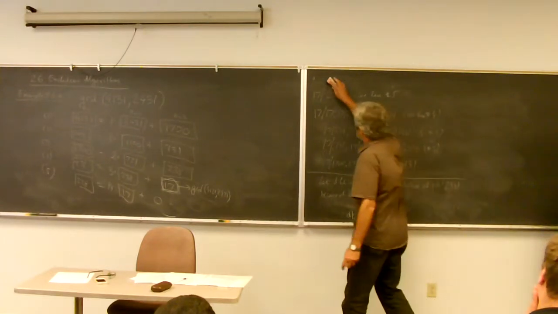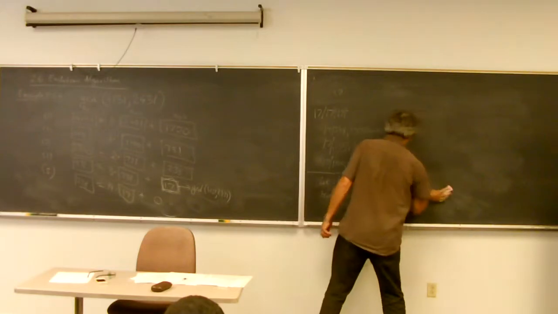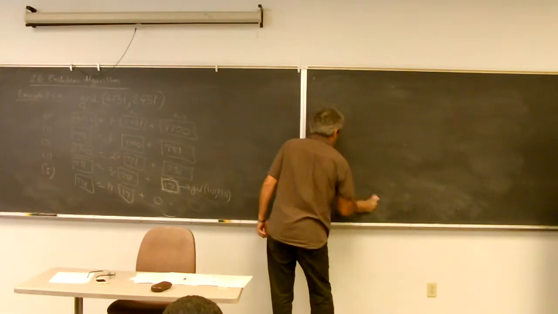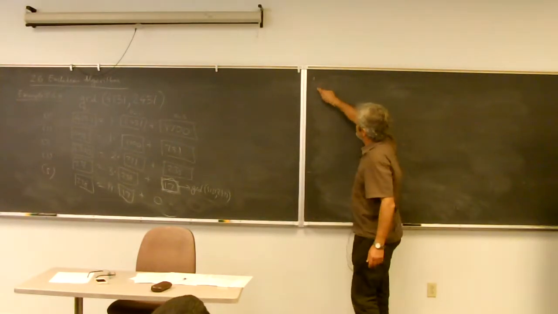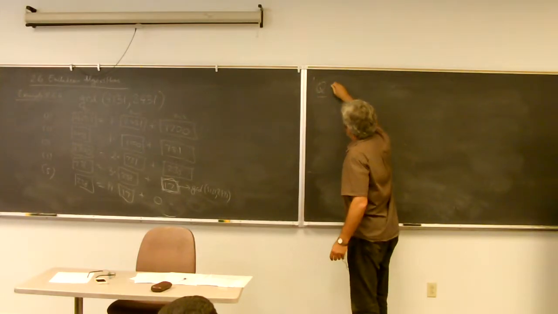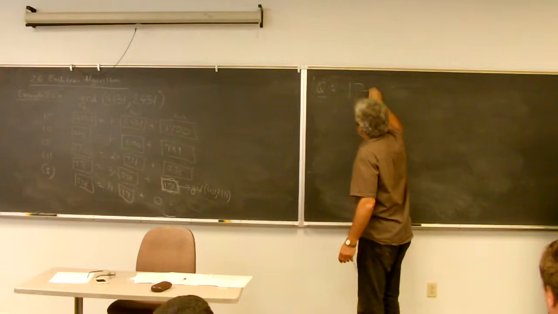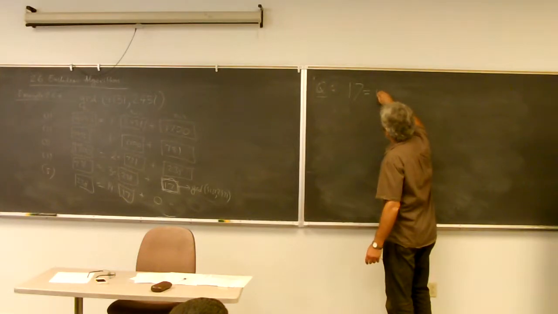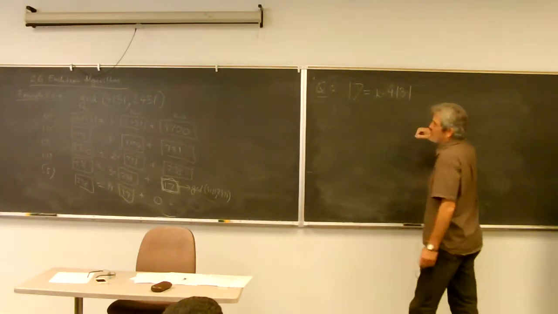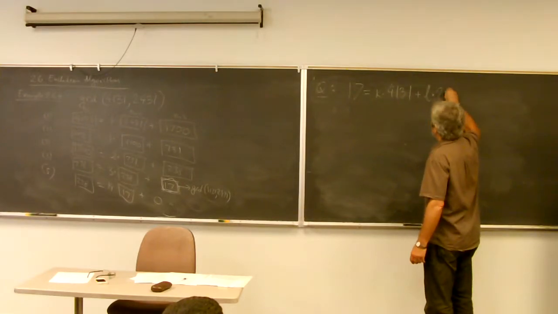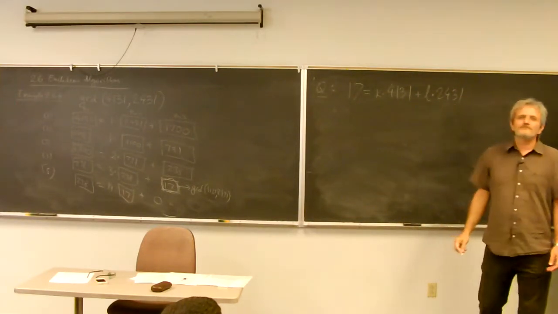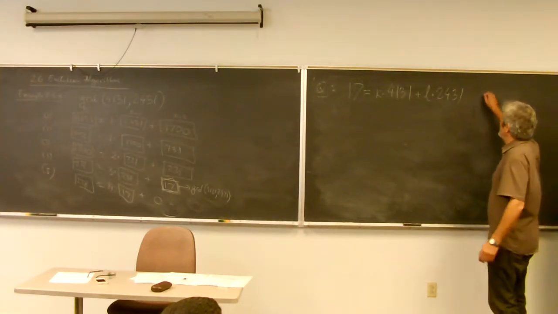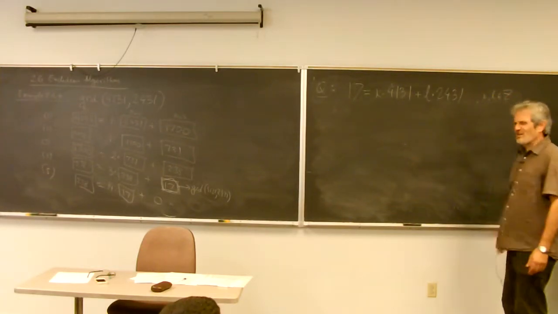But there is something else, and that is, can I write, question, can I write 17 as k times 4131 plus L times 2431? Where k and L are, of course, what? Integers. That sounds very unlikely.